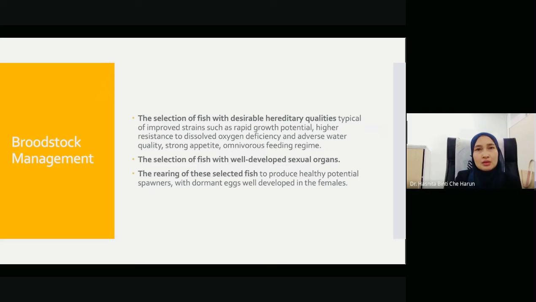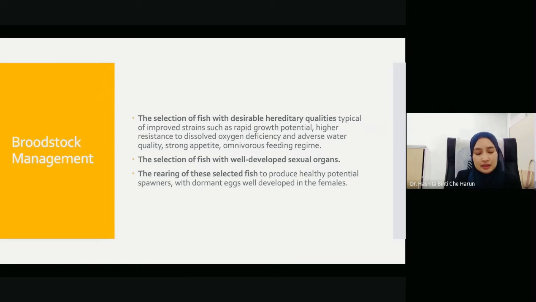For instance, you can determine based on the length. So you need to find the relationship between length and age so that you can decide whether at this stage, with that age, they have ready sexual organ to be chosen as a breeder for breeding program.